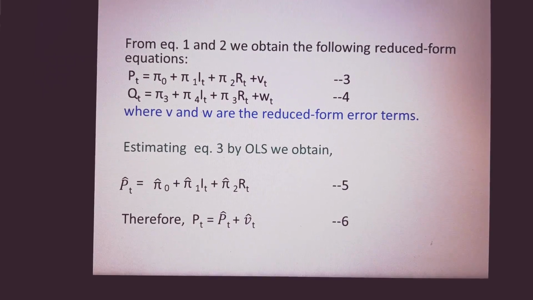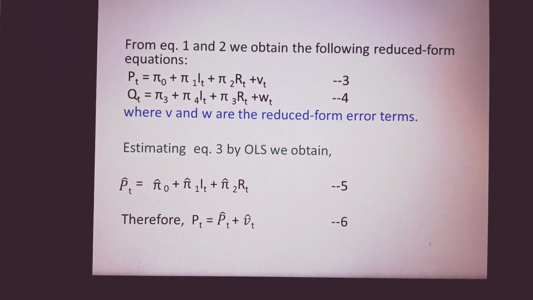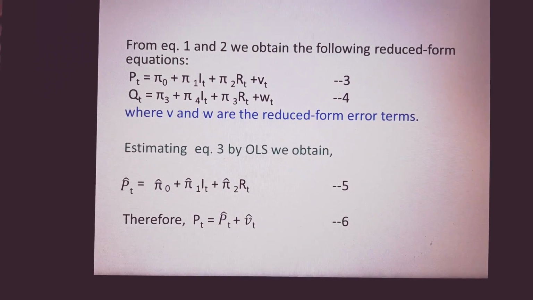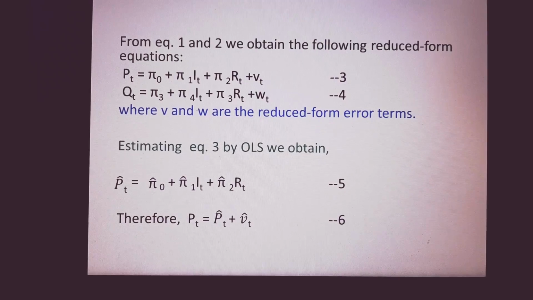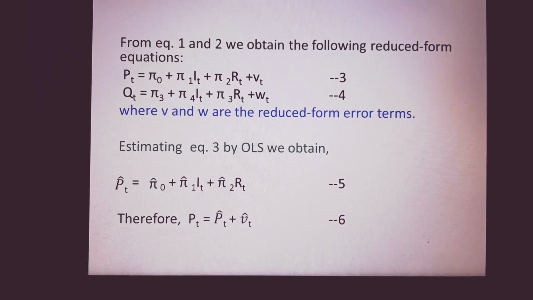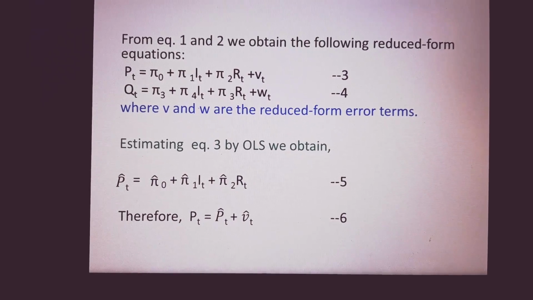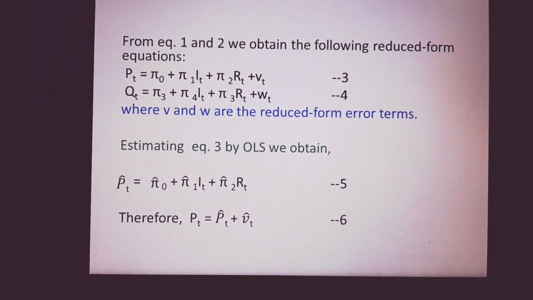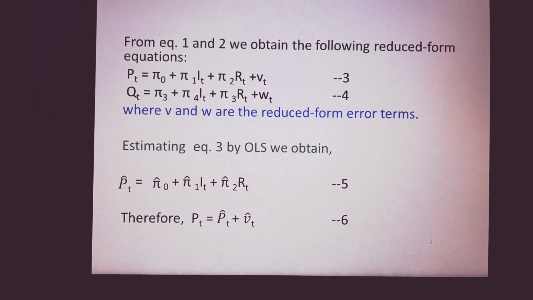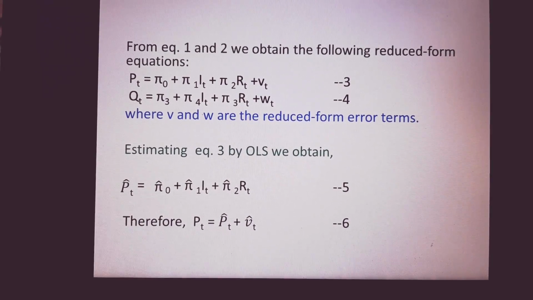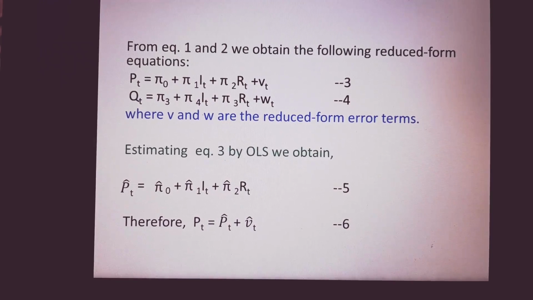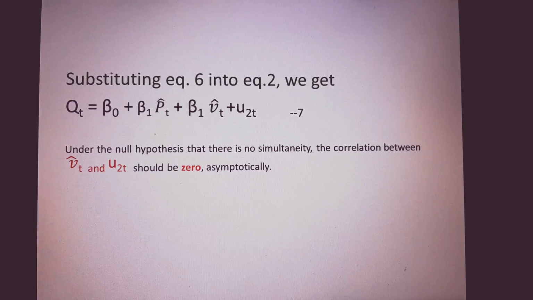Now, by estimating equation 3 using the OLS method, we obtain equation 5: Pt cap equals pi naught cap plus pi 1 cap It plus pi 2 cap Rt. Therefore, Pt is equal to Pt cap plus Vt cap as equation 6, where Pt cap are the estimated Pt and Vt cap are the estimated residuals.